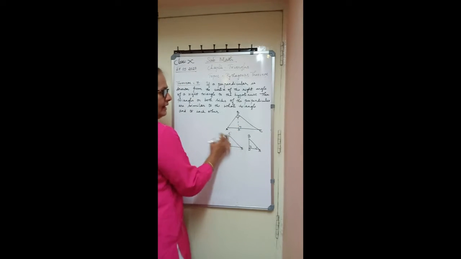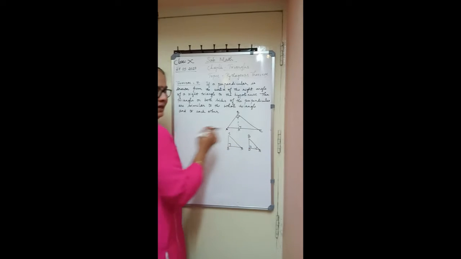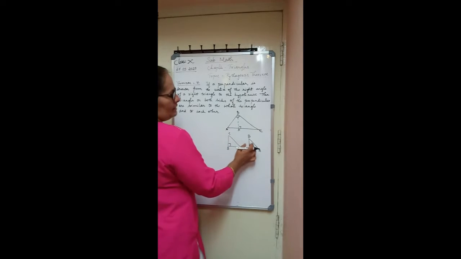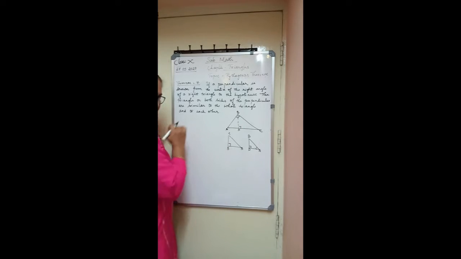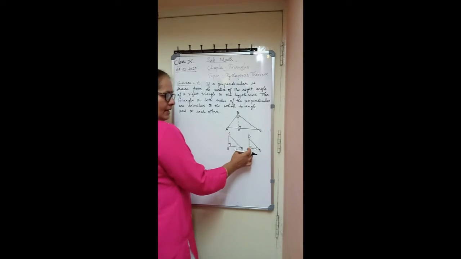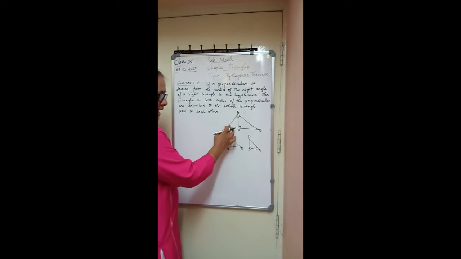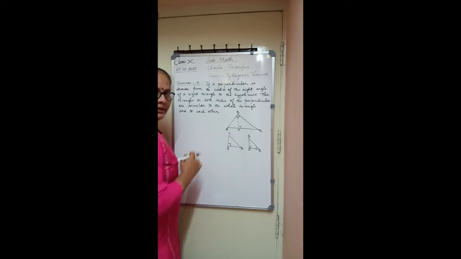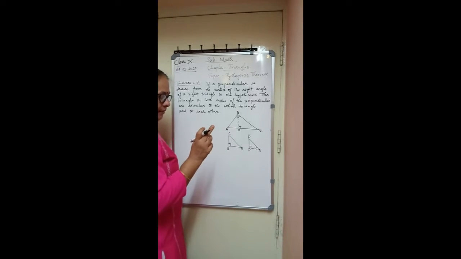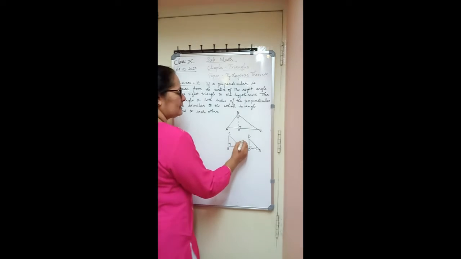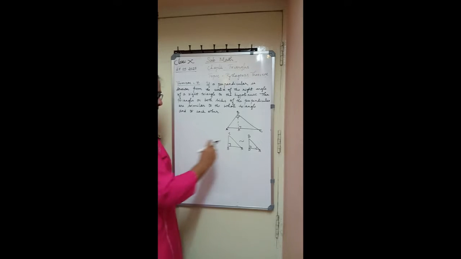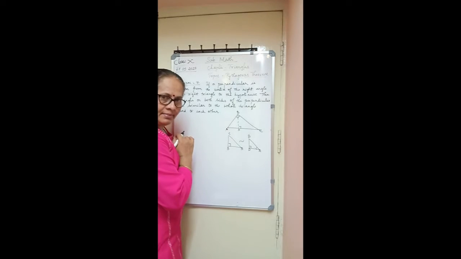In one of the right triangles, that is BDA, now see, in these two triangles, angle B in ABC is 90, and in ADB, angle D is 90. But angle A is common for both the triangles, right? Therefore, by AA criterion, these two triangles are similar.